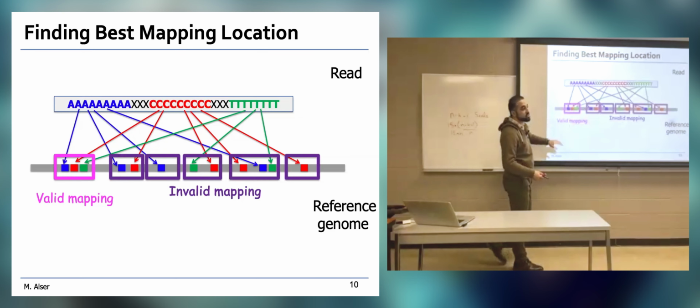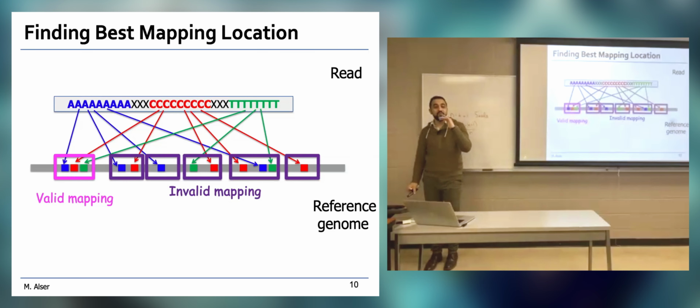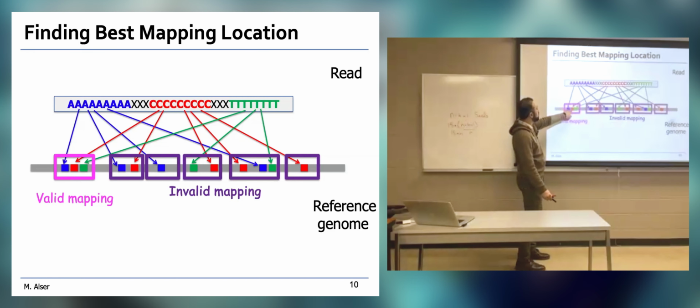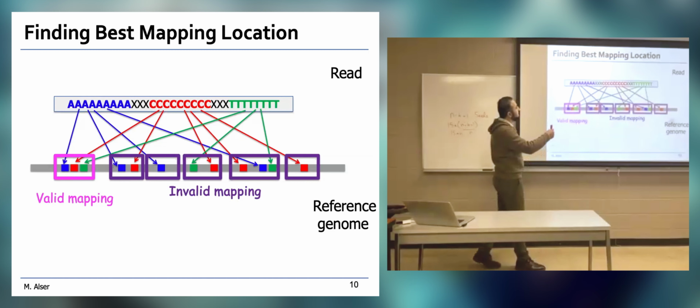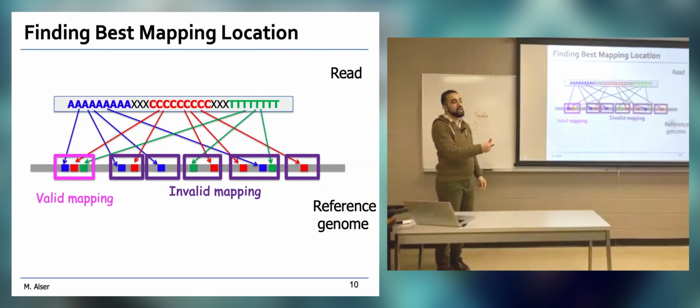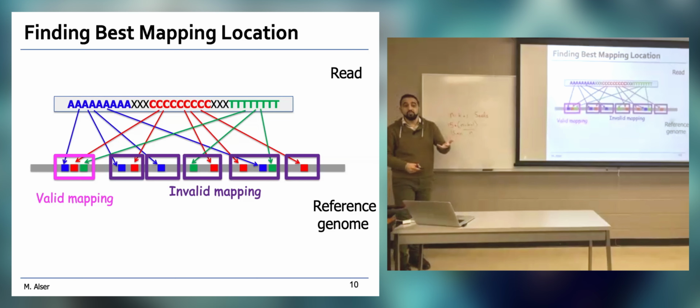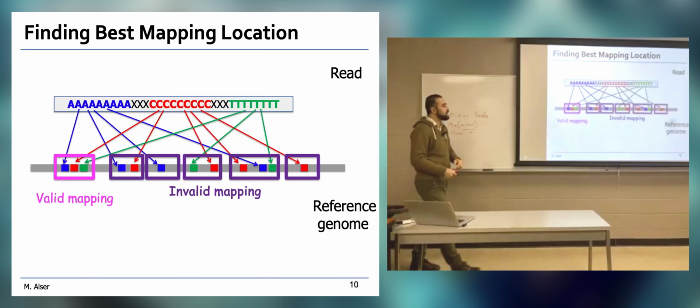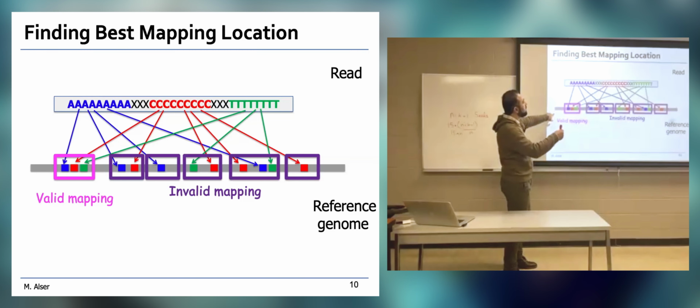We decide to go for the simple decision that if we have the exact same order as they appear in the read, then that probably will be the optimal location that we are looking for. And this is how you should implement it in the programming assignment, assuming you have the blue, red, green.